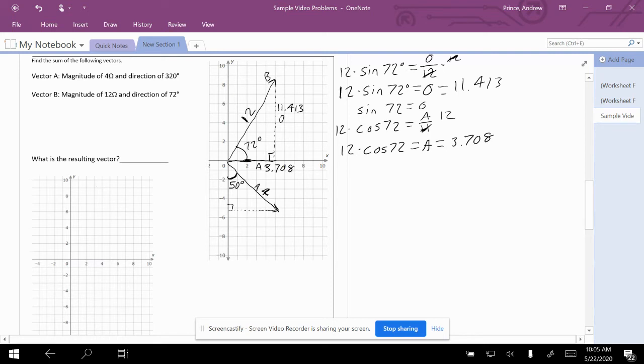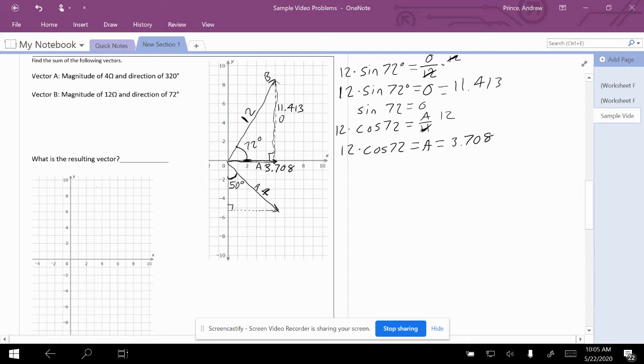With those sides, I have to figure out what that tells me about my coordinates. Up in this quadrant, I'm traveling 3.708 in the positive direction of x and 11.413 in the positive direction of y.